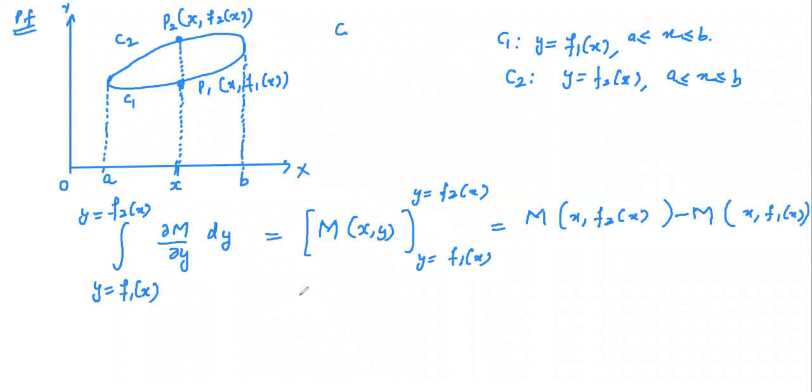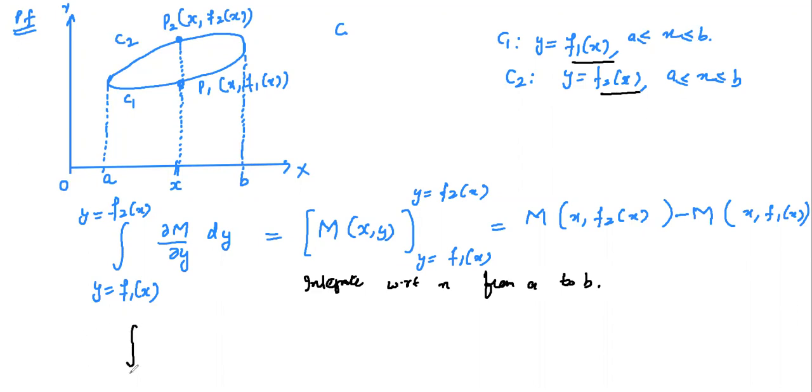So we have solved the integration of ∂M/∂y with respect to dy here. Now we will solve this integration with respect to dx here. So let's solve that integration. Now we integrate with respect to x from a to b, as the limits of y are varying from f1(x) to f2(x) and the limits of x are varying from a to b.